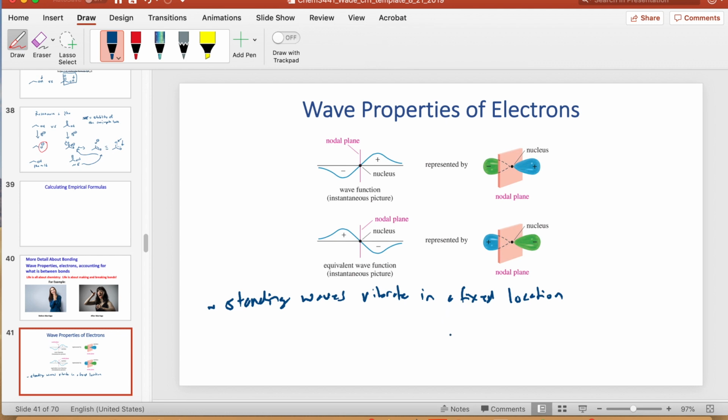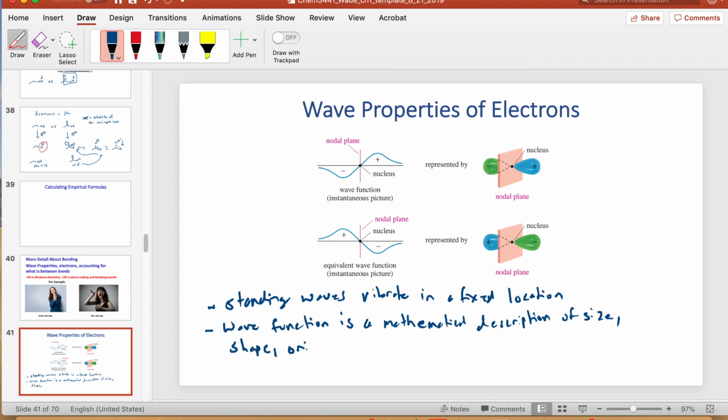And so therefore, basically, we have what we call this sort of wave function, which is a mathematical description of a lot of different properties of this, and they include things like size, shape, and of course orientation.